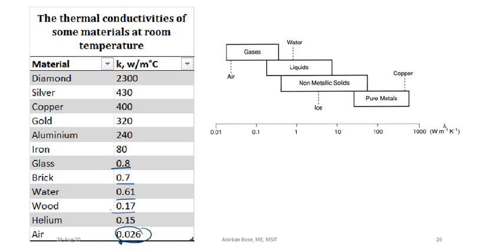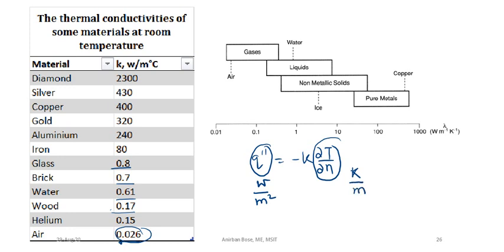And what is the unit of thermal conductivity? You know the unit of heat flux, and Fourier's law relates them. The unit of heat flux is watt per meter square. What is the unit of the temperature gradient? The temperature difference is either Kelvin or degree centigrade, since it is immaterial, so the gradient is Kelvin divided by length, Kelvin per meter.